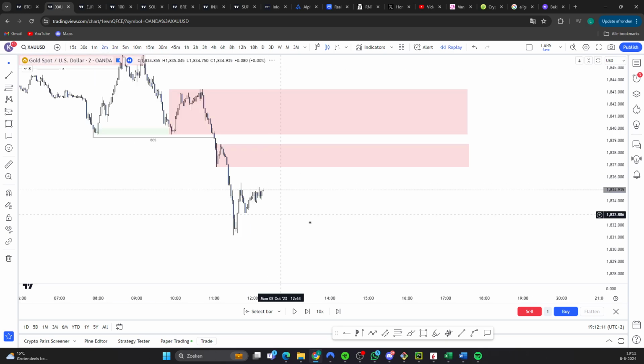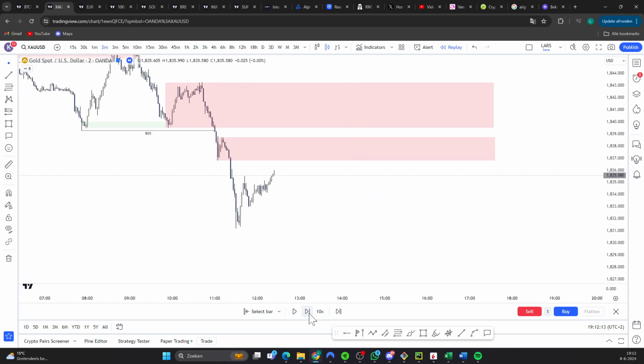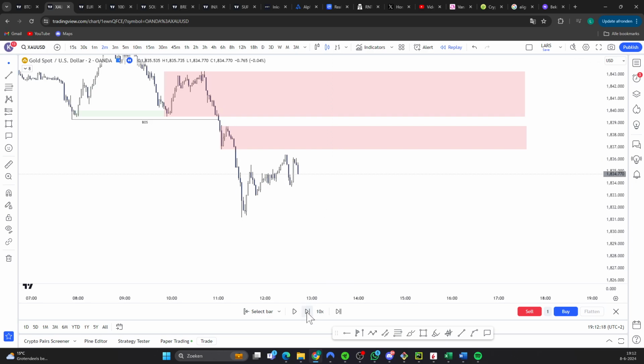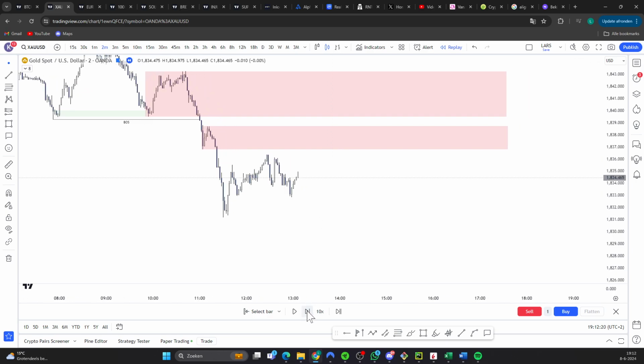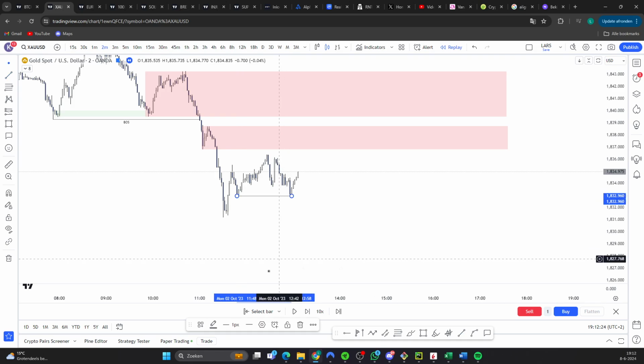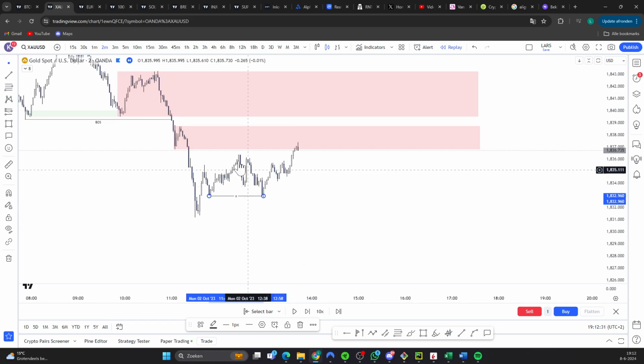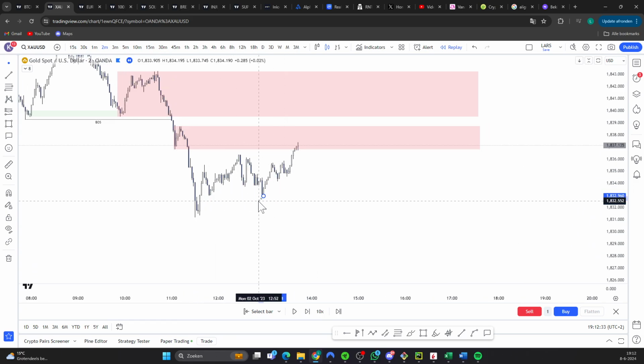To retest POIs. SFP, your market structure low. Higher you go.